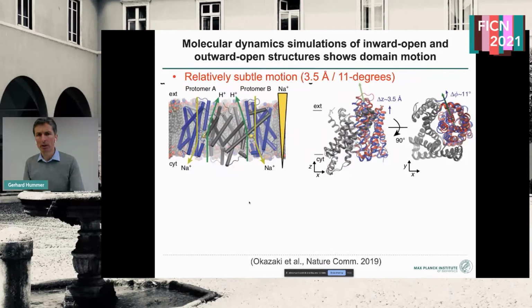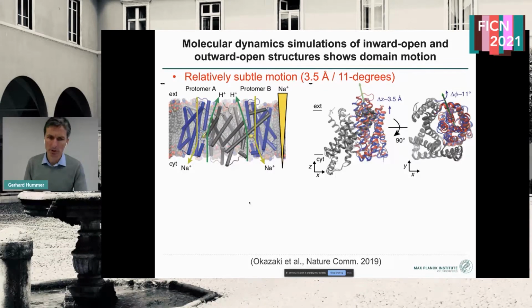In our structure, this is the structure of NhaP, what we have is a much more gentle motion in this transporter domain. We see about 3.5 angstrom movement of this helical bundle up and down, associated with about a 10 degree tilt in the domain.